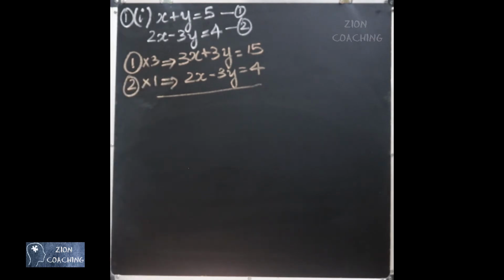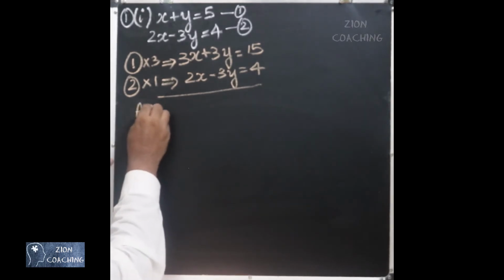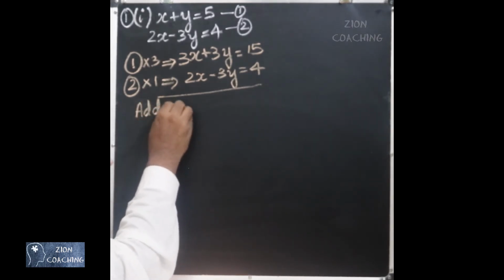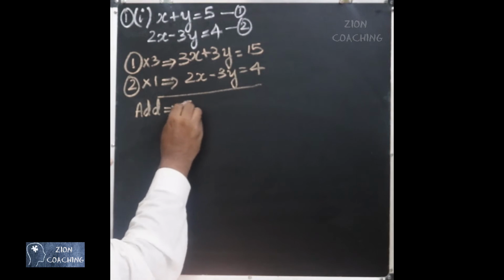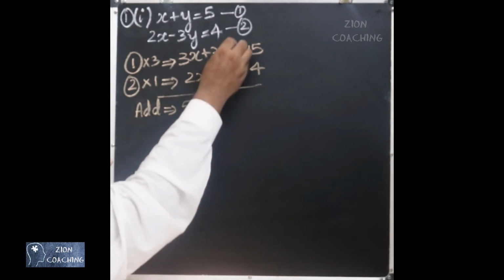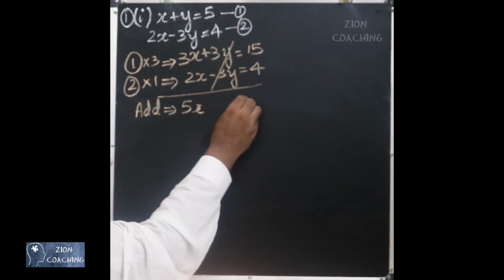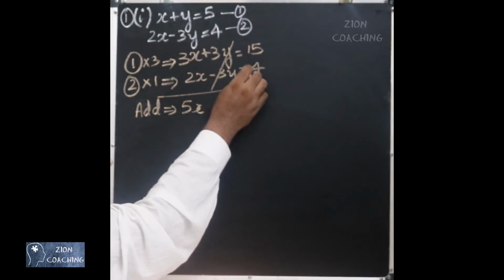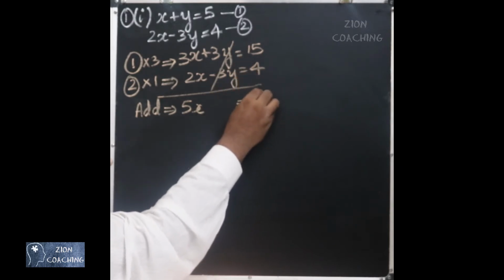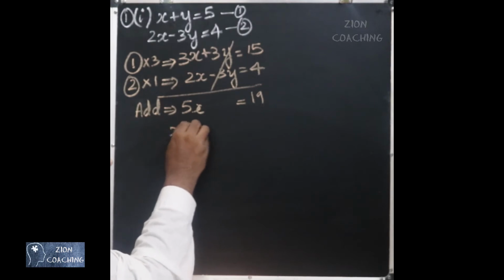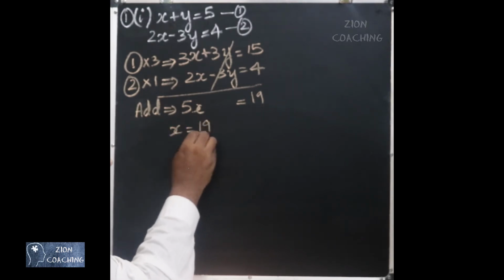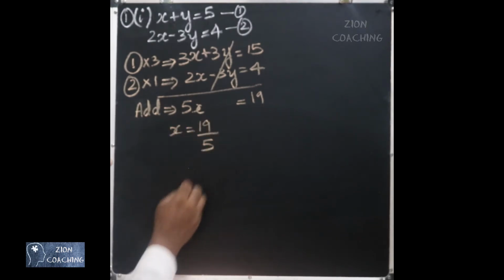Now by adding both the equations, 3x plus 2x is going to be 5x. Then the y terms will get cancelled. When you are adding 15 plus 4, you will get 19. So your x value is going to be 19 by 5.